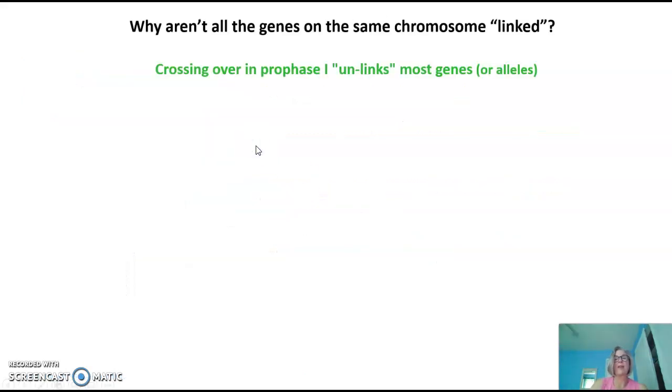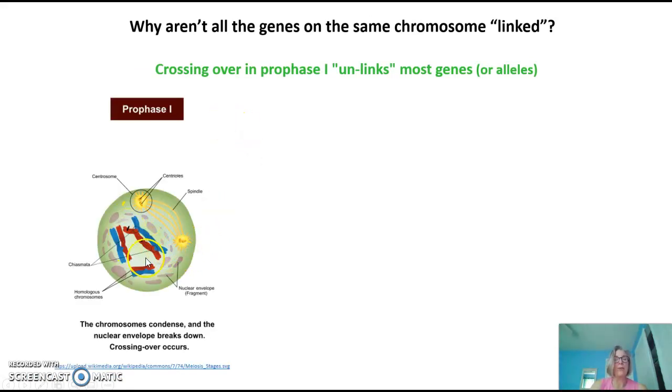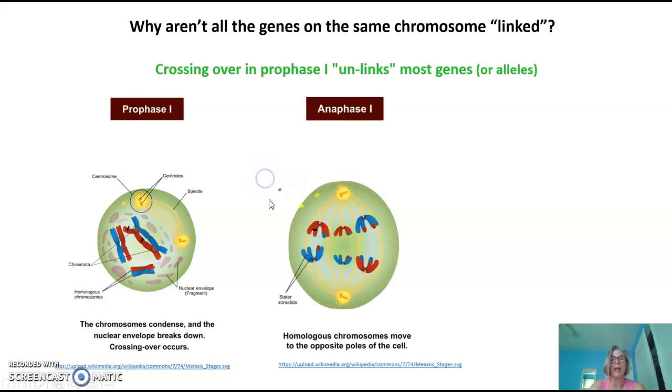Let's look at the process of crossing over. During prophase 1, the tetrads or homologous chromosomes pair together, and you get what's called a chiasmata, or a crossing over, where the chromosomes can trade parts between homologous pairs.